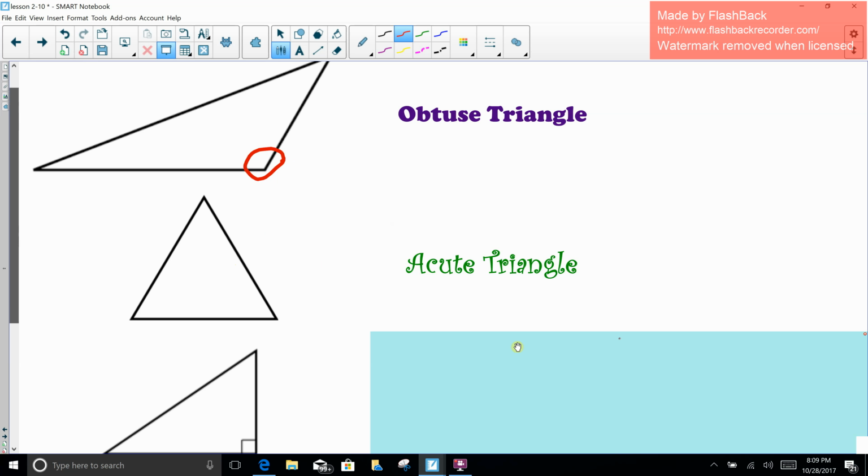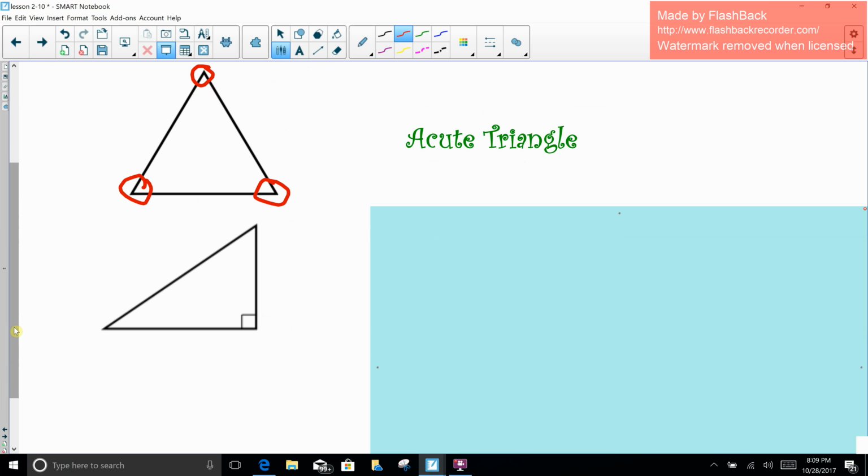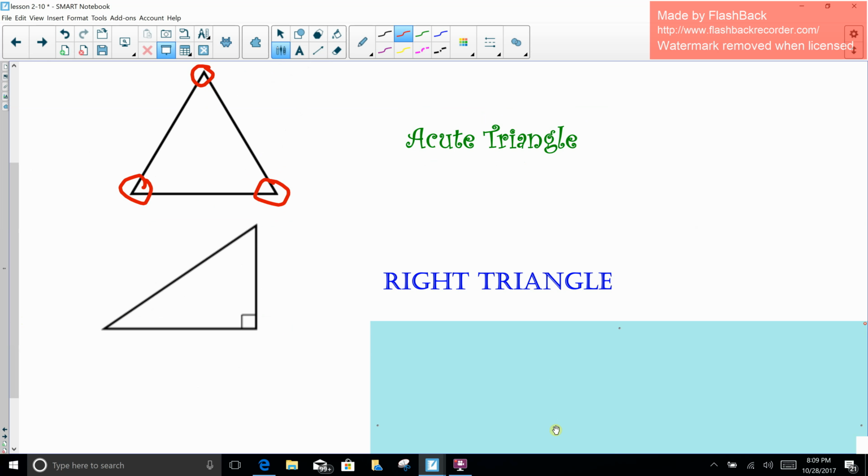Did you say acute triangle? The acute triangle has three acute angles. Finally, what could this triangle be called? That's right, it is a right triangle and it has one right angle.